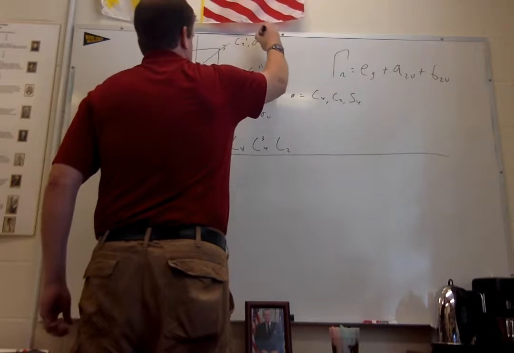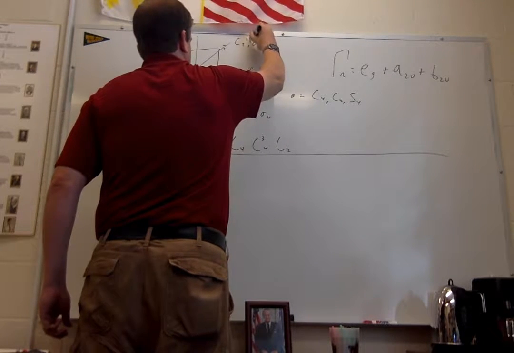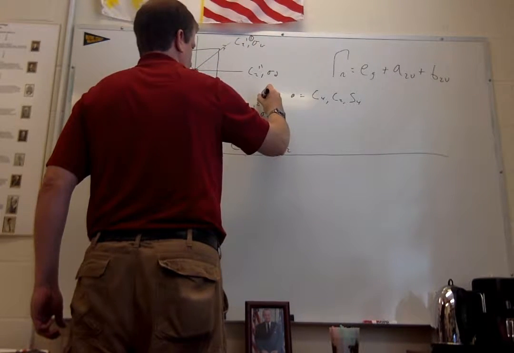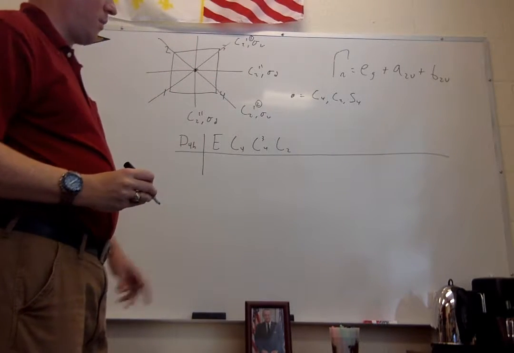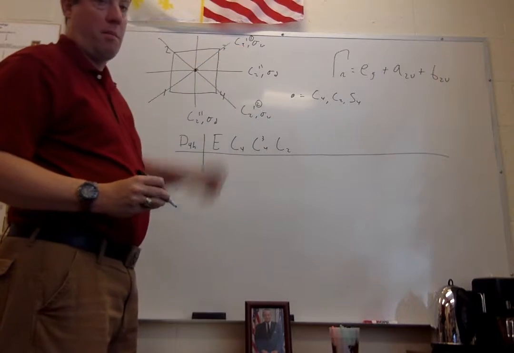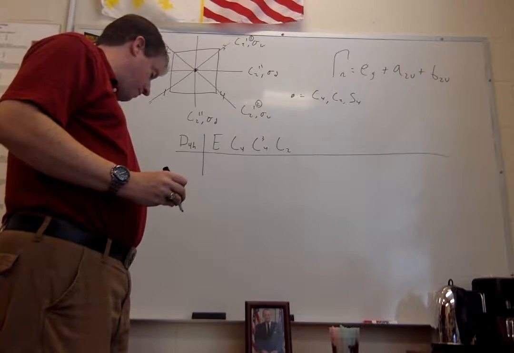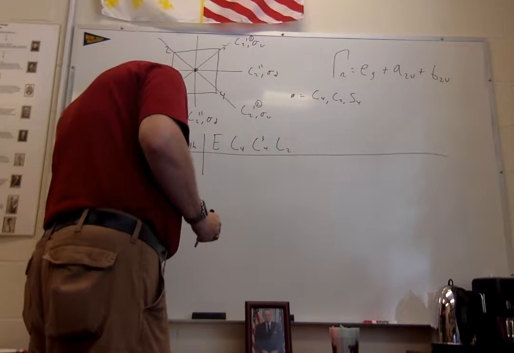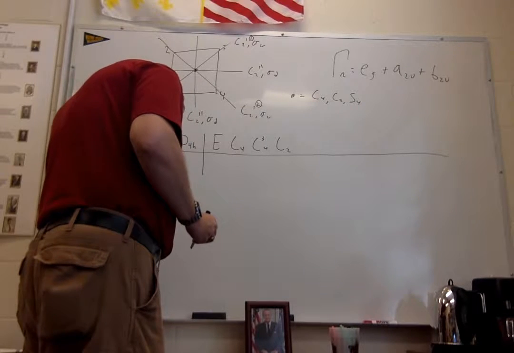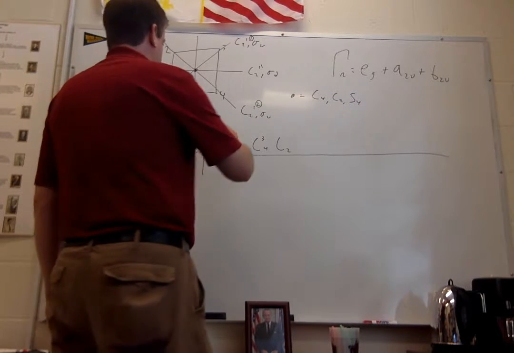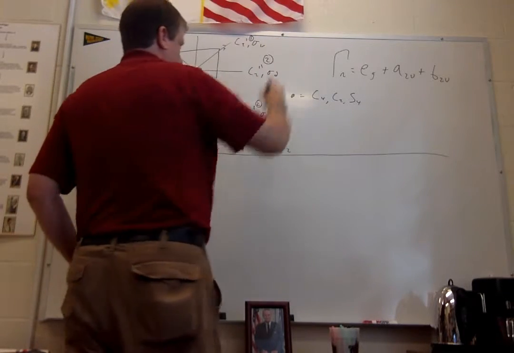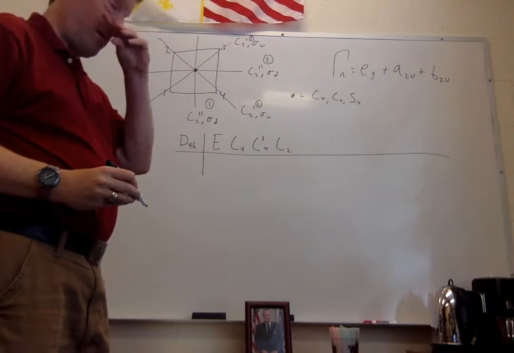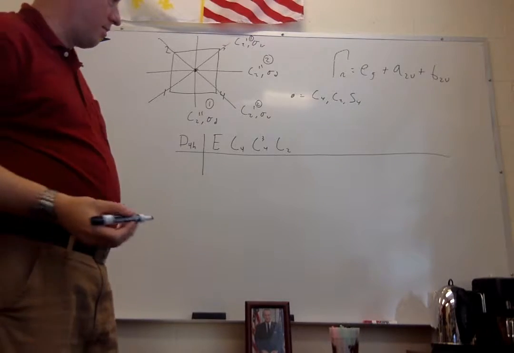So I'm going to call this one up here C2 number 1, and this one is C2 number 2. We'll also have sigma v number 2 and sigma v number 1 up there. Likewise for this, we'll call this C2 double prime number 1, that one C2 prime, C2 double prime number 2, and the corresponding sigma d.